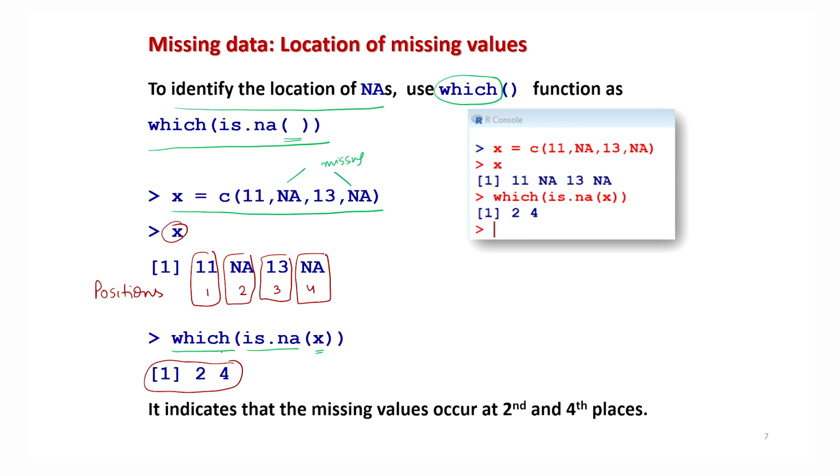What are this 2 and 4? That is what we have to understand. So the command which(is.na(x)) is indicating that the missing values are at the second and fourth places. Right. This is how you can understand it, and this type of information can be used further.